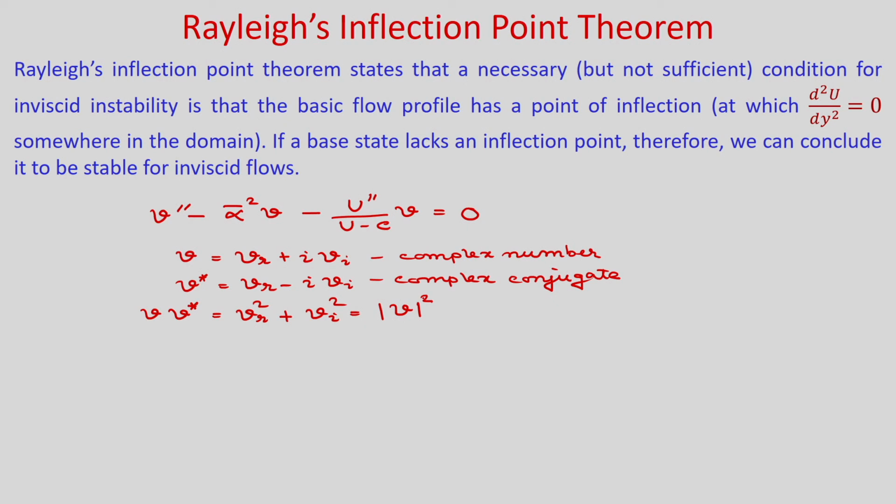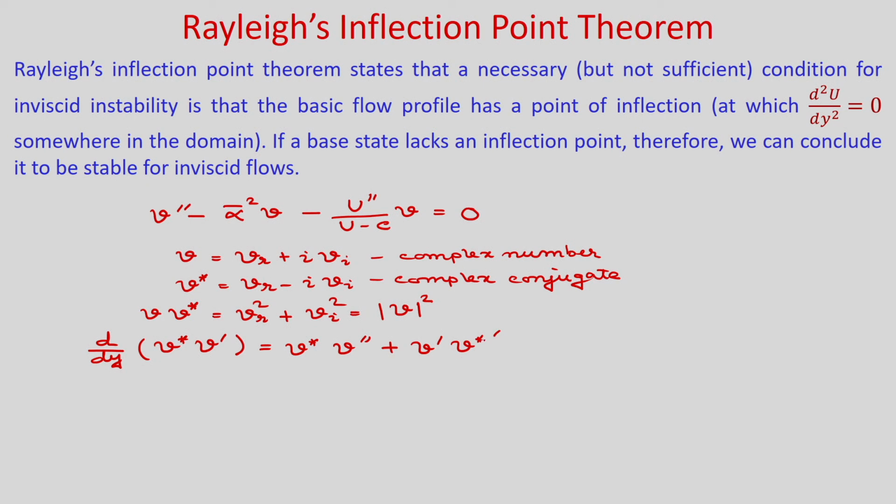And another simplification we will do for this: d/dy of v star v prime is equal to v star v double prime plus v prime v star prime.